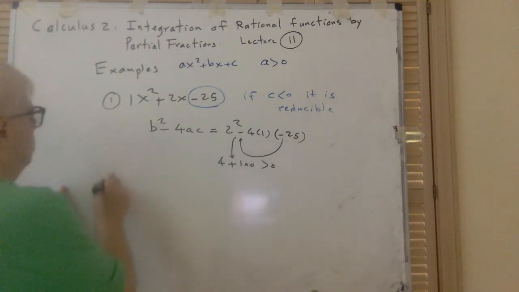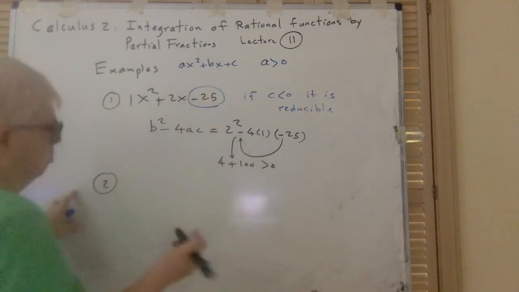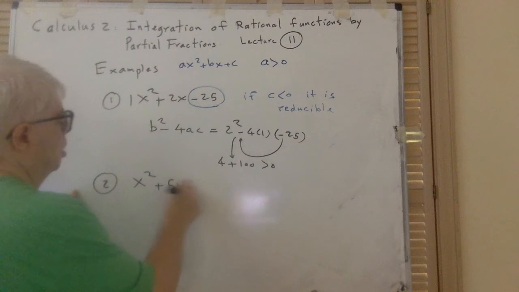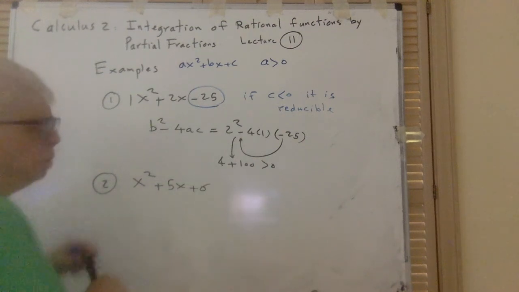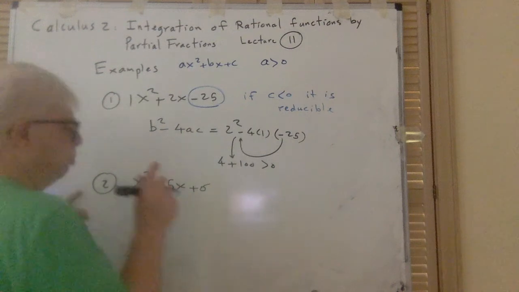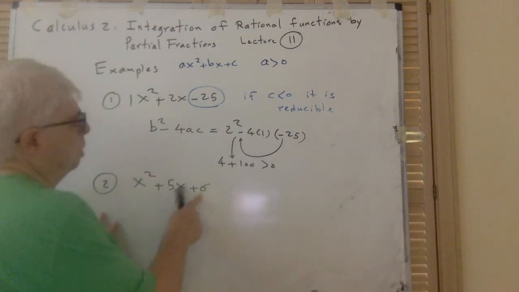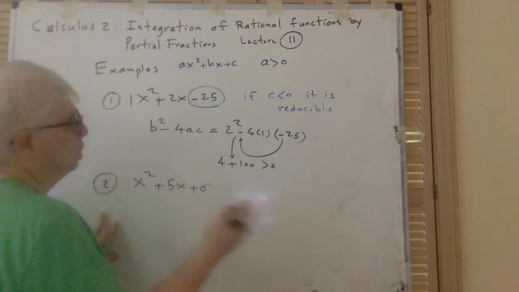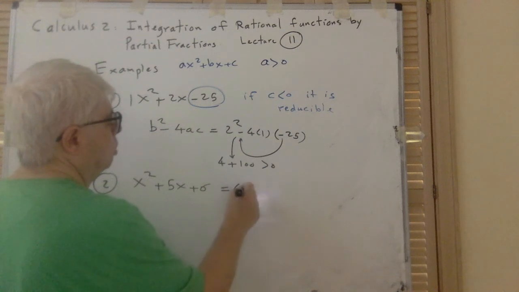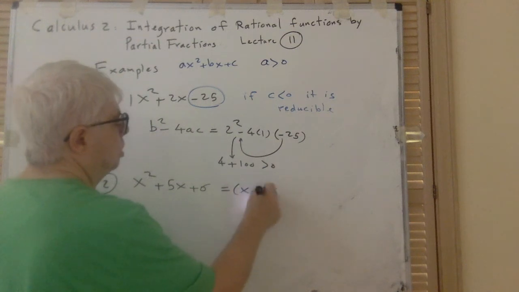Another example. Now, what if c is positive? Well, sometimes it is reducible, sometimes it isn't. Sometimes you can factor this without writing the quadratic formula. Before doing anything, just look and say, okay, two numbers that when you multiply give you 6: that is 2 and 3. And 2 plus 3 is 5. So we just factor this thing as x plus 2 times x plus 3.